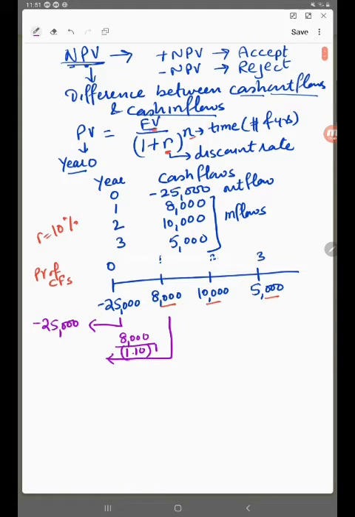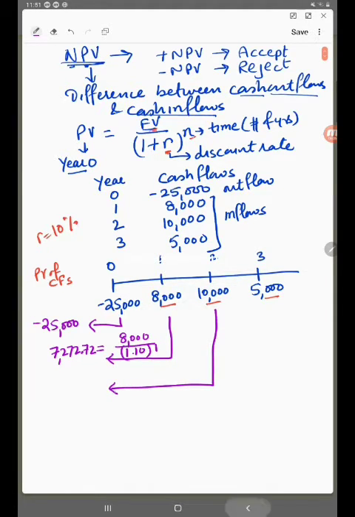So if you compute it, it should be 7,272.72. So now you need to compute present value of 10,000.